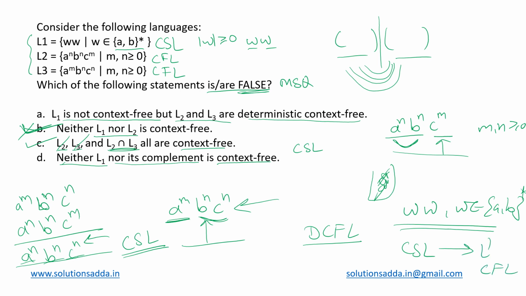The complement of language L1 will be a context-free language. So this option turns out to be incorrect because L1 is context sensitive, but its complement, which is L1 dash, is context free. The option is saying none of them are context free. It is wrong. Its complement is context free. This option is also false. And hence we will be including B, C and D, all of them as the answer.